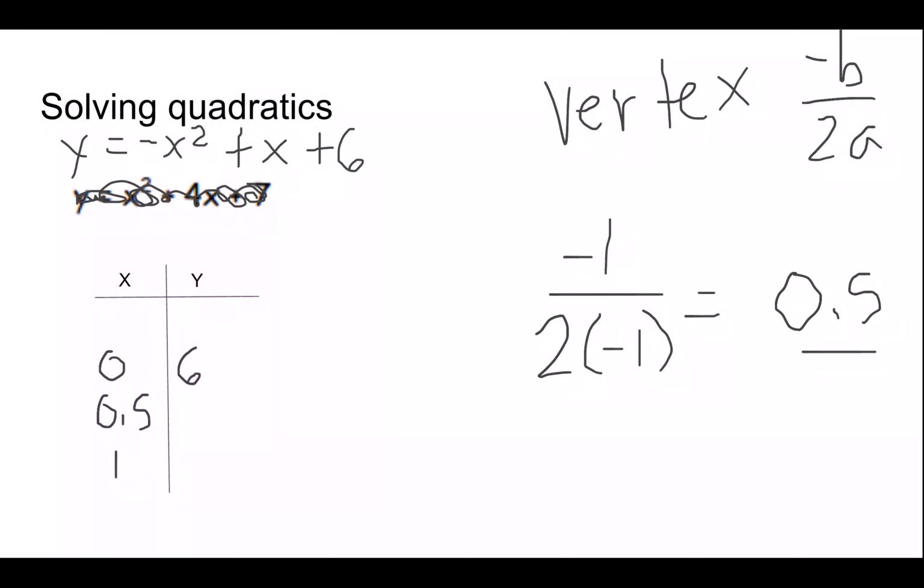When I plug in 0.5, I'm going to find that it gives me 6.25. And when I plug in 1, I'm going to find that it gives me 6. Now normally we would stop here and graph, but my issue is we are looking for the x-intercept, and that only happens when y equals 0.